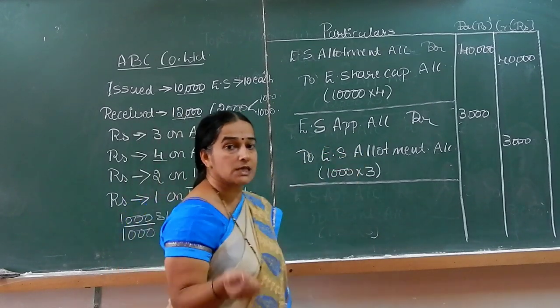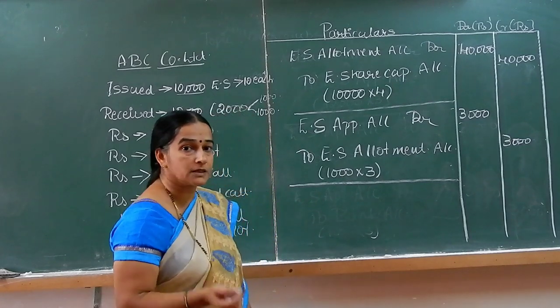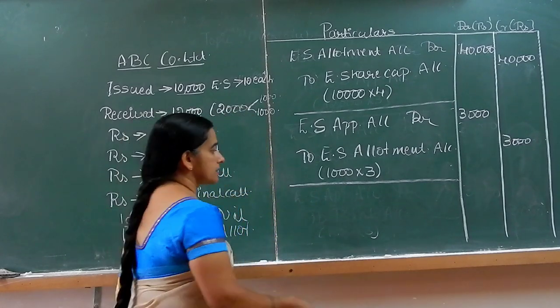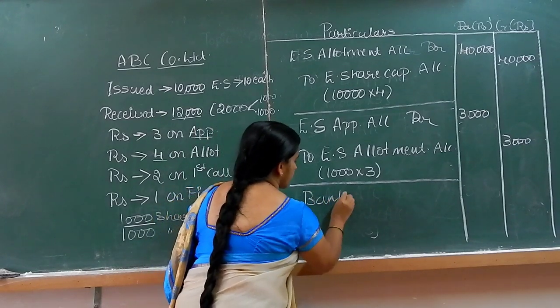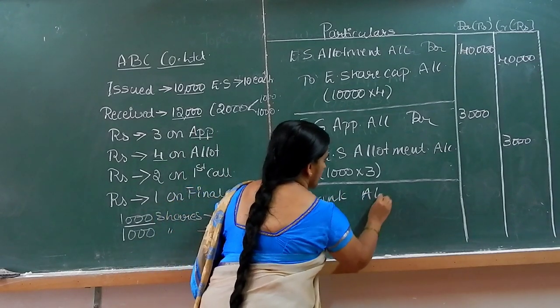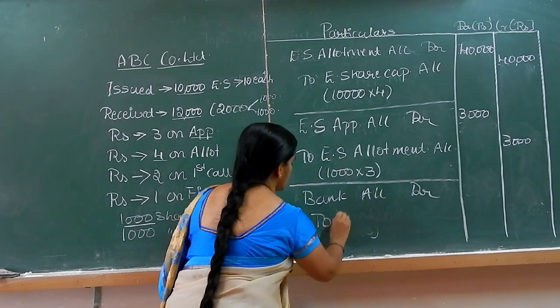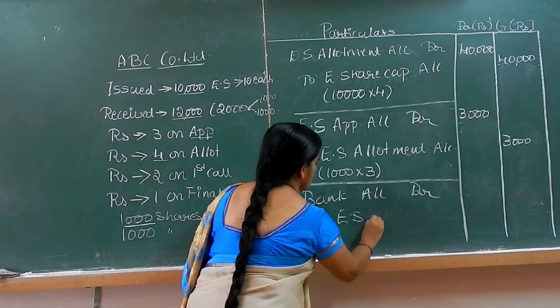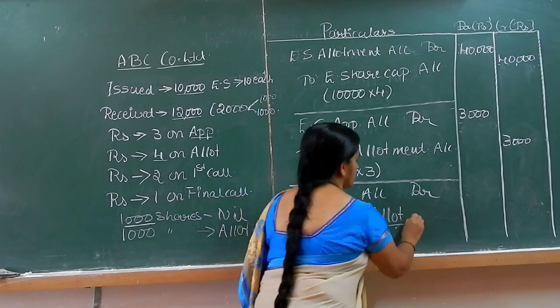The remaining amount is 37,000. That has to be received by the company. While receiving the allotment money, one entry has to be made, that is bank account debtor to equity share allotment account.